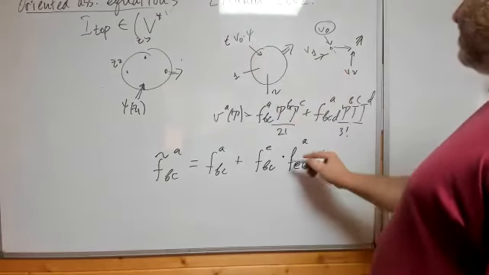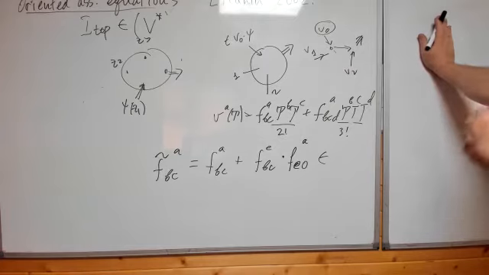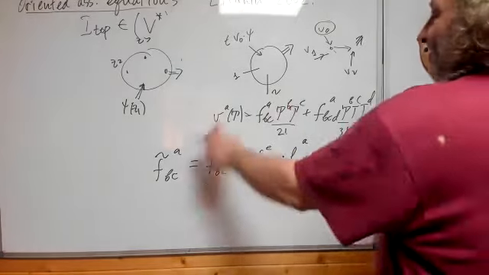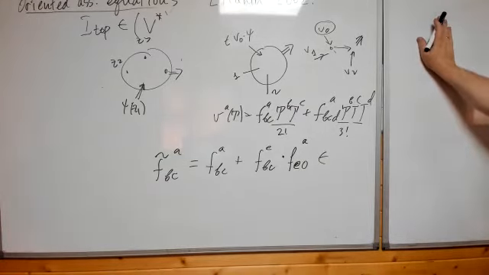So we need to consider it in the first order in epsilon. So what would you say? Here V naught is fixed. Yes, it's a fixed element.